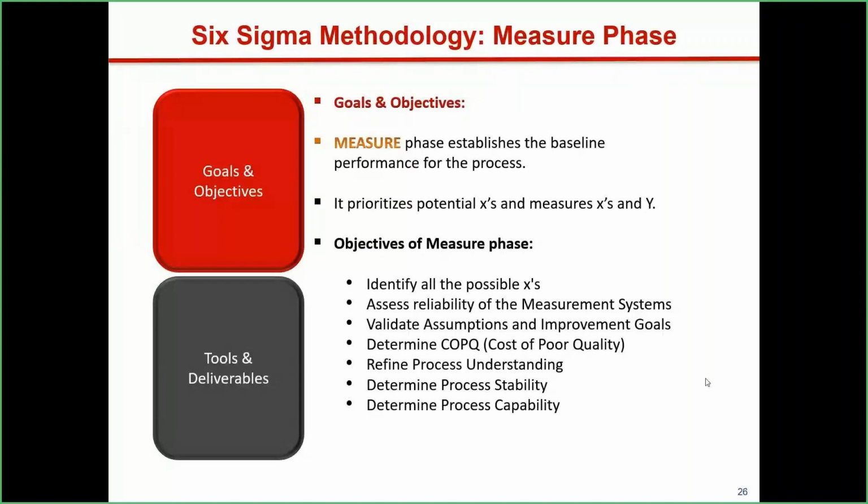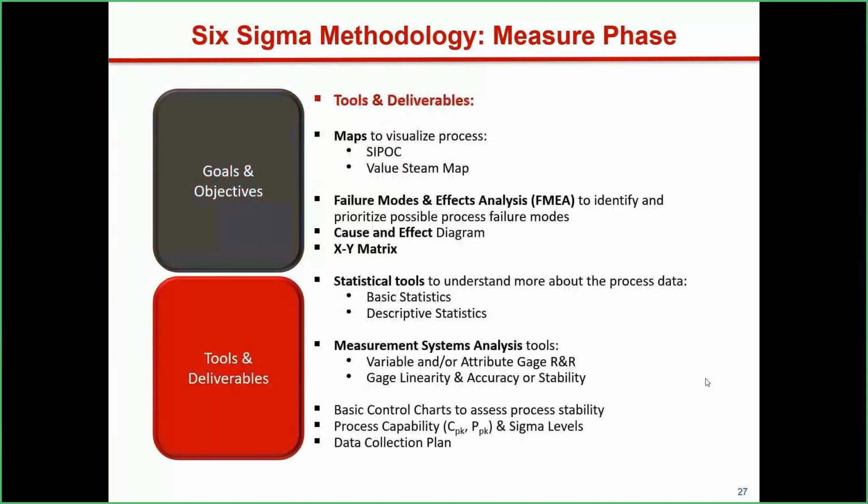Moving on to tools and deliverables. We will be mapping the process, for which we'll be using visual tools like SIPOC, which stands for Supplier Input Process Output Customer, and value stream maps. Value stream maps usually are used in manufacturing processes.